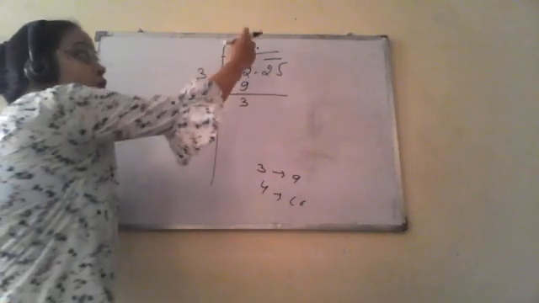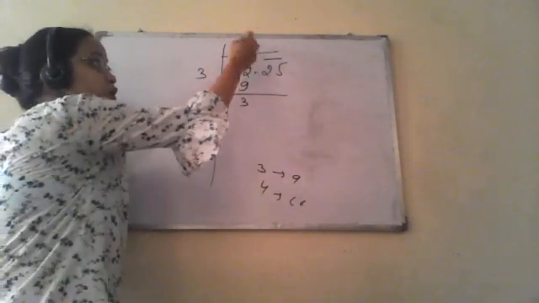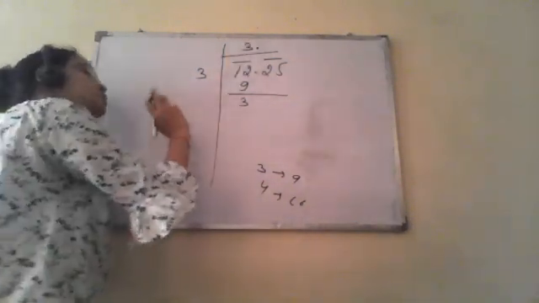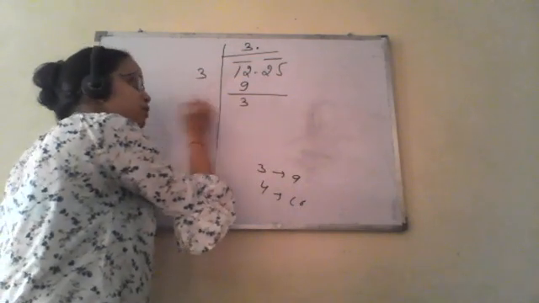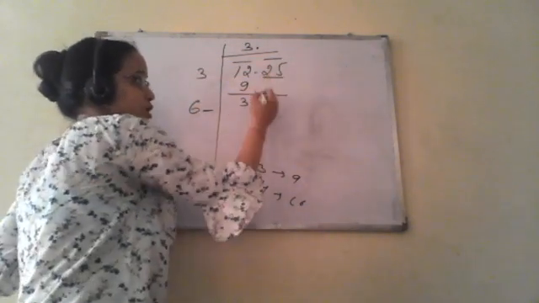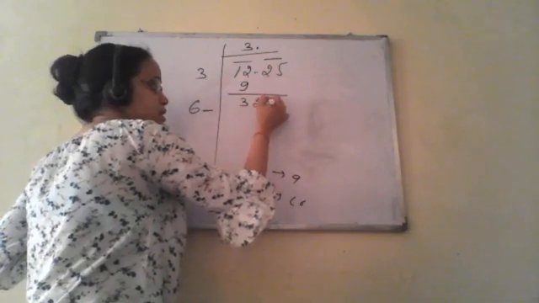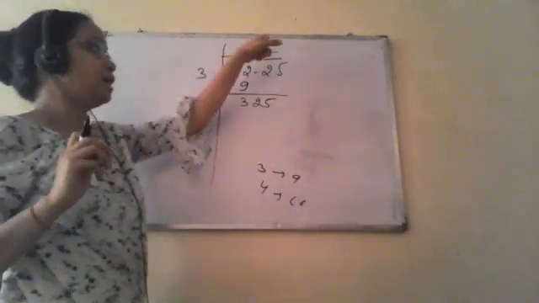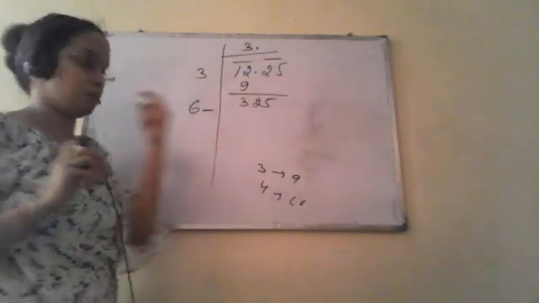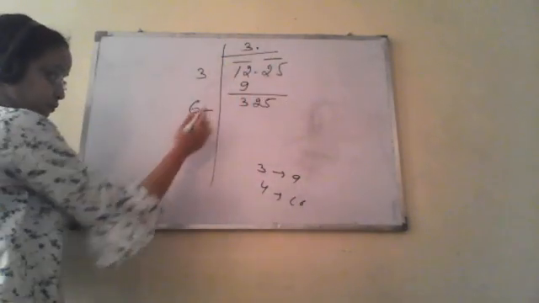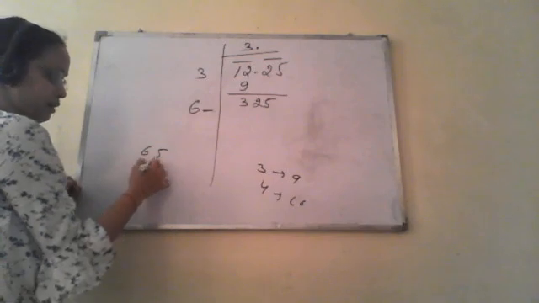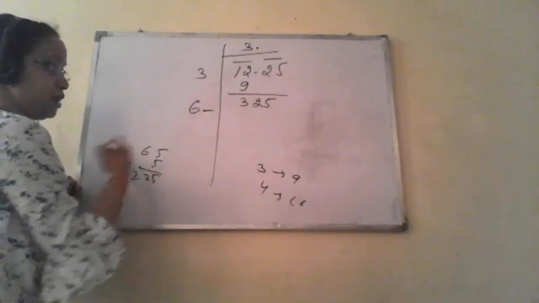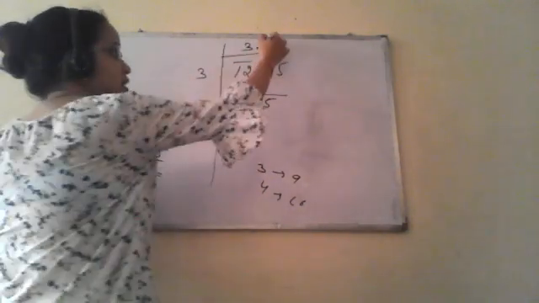Now we have to double the quotient, that is 3 into 2, or 3 plus 3. This is 6, and we'll put a blank. Now we'll bring down this 25 to this place. Now we have to fill this blank and the quotient part also with the same number. So we can try 5. So it is 325. We will write 5 here and 5 here.